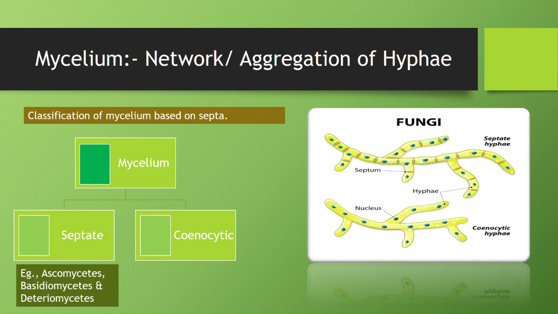Examples of septate mycelium include ascomycetes, basidiomycetes, and deuteromycetes, and examples of coenocytic mycelium include oomycetes and zygomycetes.